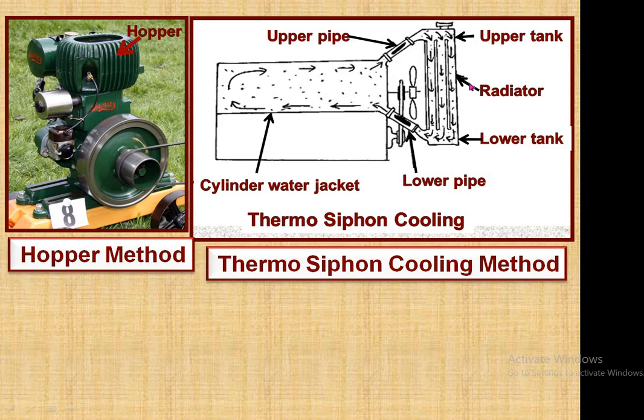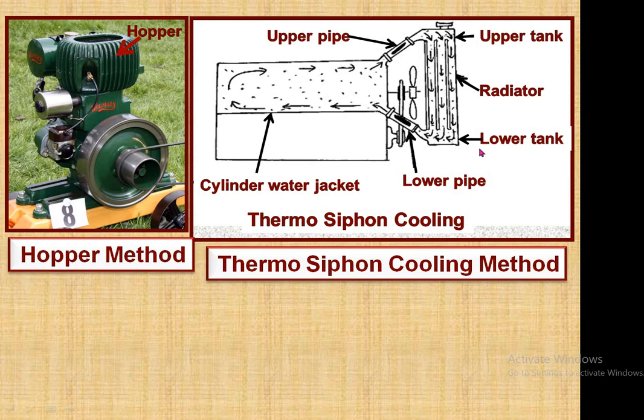In this radiator, through the fan we remove the heat, so heat is removed from our water or coolant and it becomes cold and heavy, so it goes to the bottom and again is circulated in the engine system. So this is done in simply the thermosiphon system.